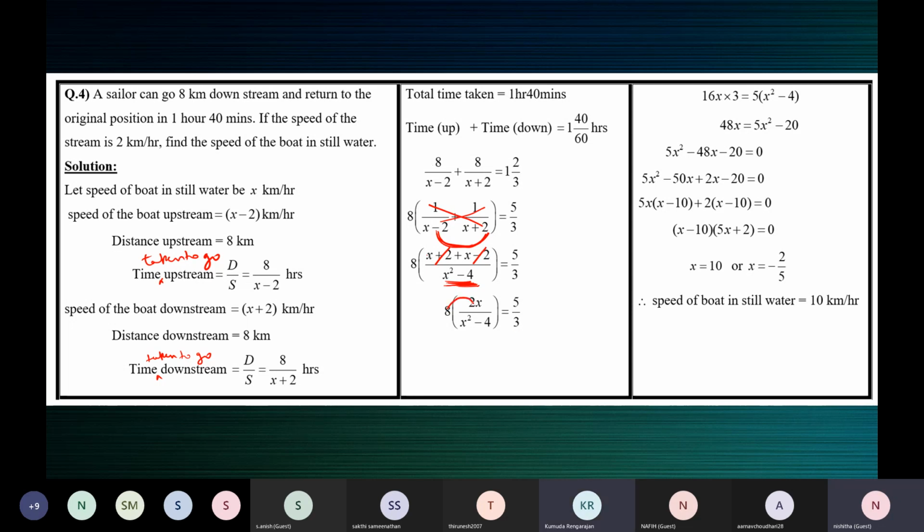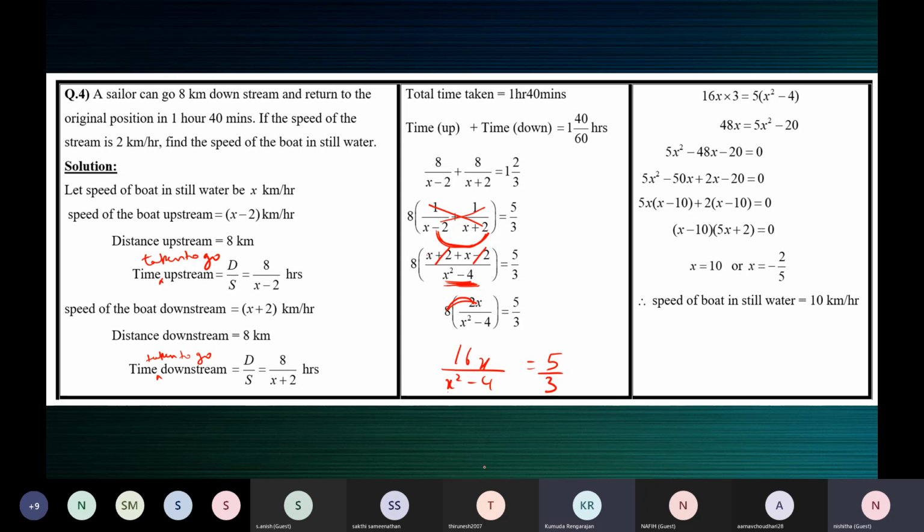Can you see this 8 into 2x? 16x. This is 16x. Next step would be 16x by x square minus 4 is equal to 5 by 3.